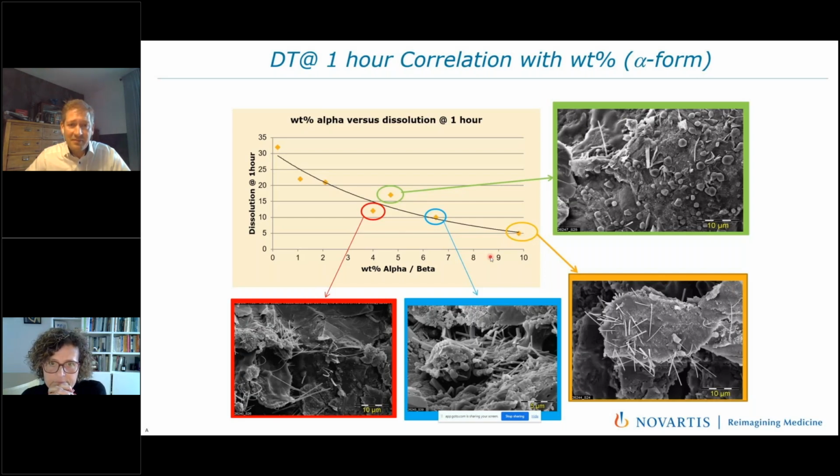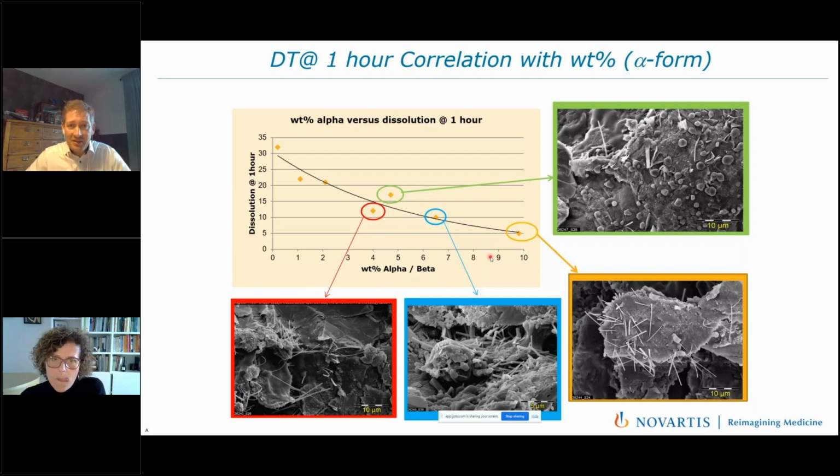So Synchrotron was extremely helpful on one end to identify the nature of the additional peaks, but also to make sure that we get the right specificity against the other form of the drug substance, while also including all the additional diffraction elements of the crystalline excipients that were used.